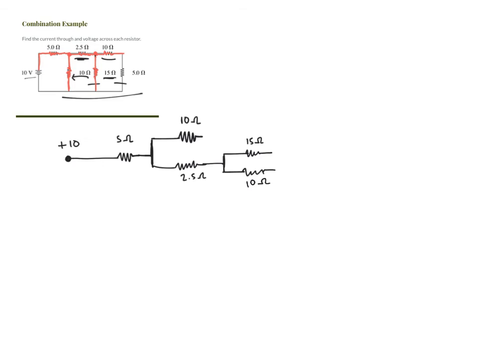Okay, and then if you continue on that path, you come across another resistor that's in series that is 5 ohms. So on this path, I have a 5 ohm resistor. And then that path connects back up with the 15 ohm path. So we'll close off that little section. And then that will connect with the 10 ohm section, closing off that path. And if you follow the rest of the way, you end up at the negative terminal of the battery where the potential is 0.